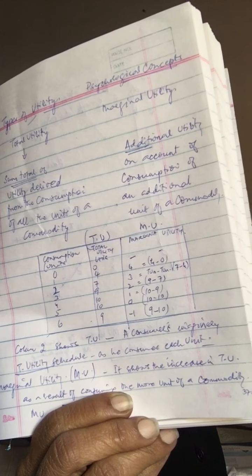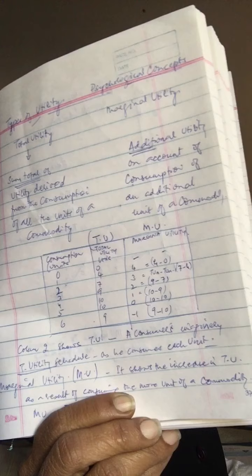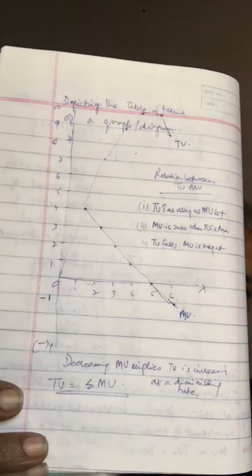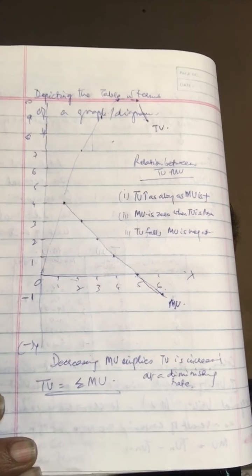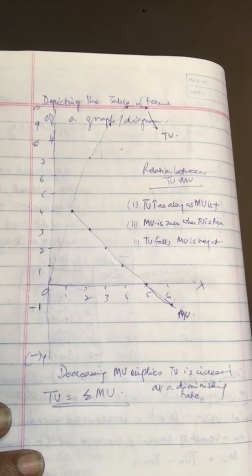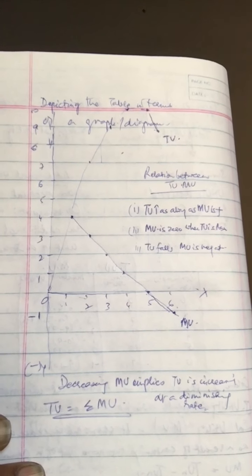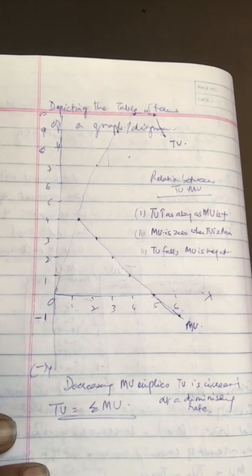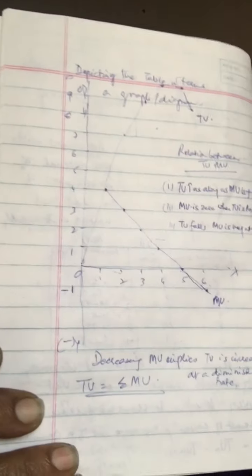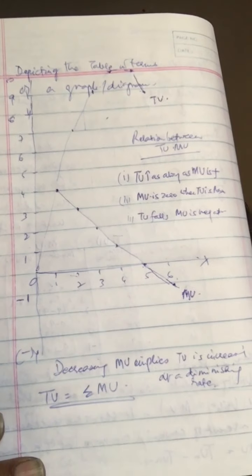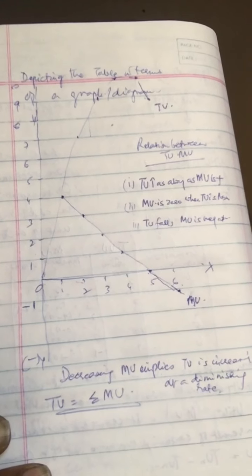So this is what we'll look at later on, known as the law of diminishing marginal utility. Before we go on to that, let us look at the relationship between total utility and marginal utility. When consumption of a good by a consumer increases, total utility derived from it changes. The law of diminishing marginal utility is the basis of this change.